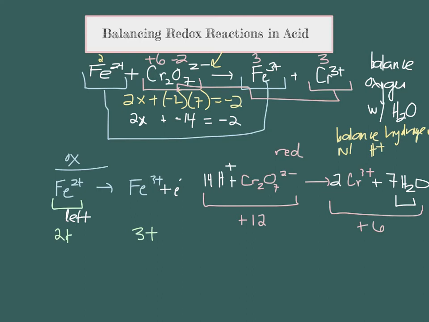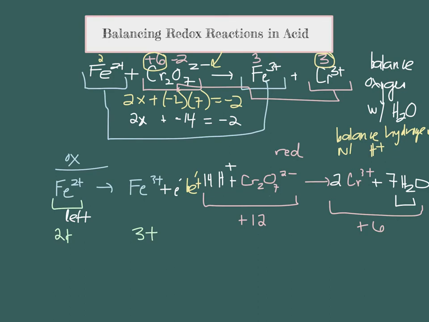This makes total sense because my chromium species started as each of them being 6 positive, and then they both went to being 3 positive. Since they gained 3 electrons each, we're going to have a total of 6 being transferred. So I'm going to say plus 6 electrons on that reduction side.